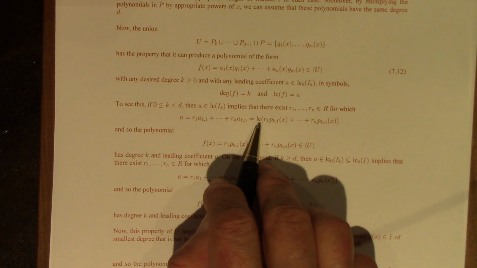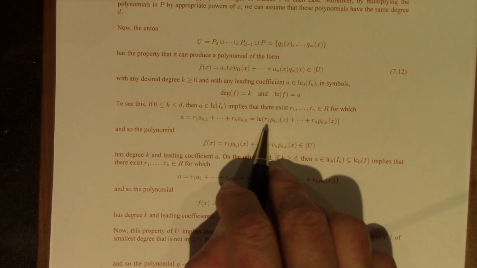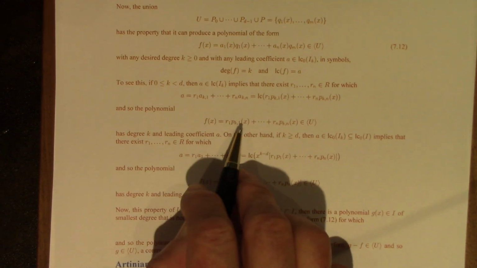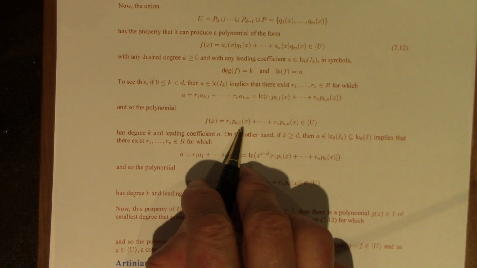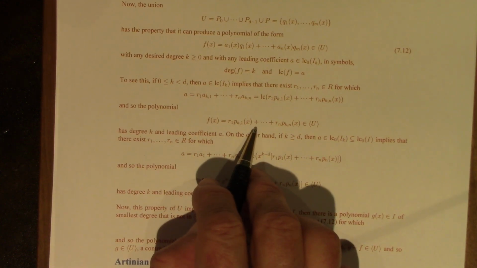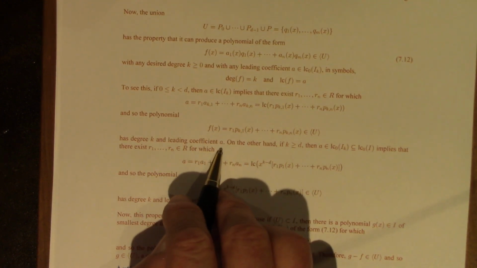This is the leading coefficient of this polynomial combination. It's actually a linear combination in this case. So this polynomial has degree k and leading coefficient a.